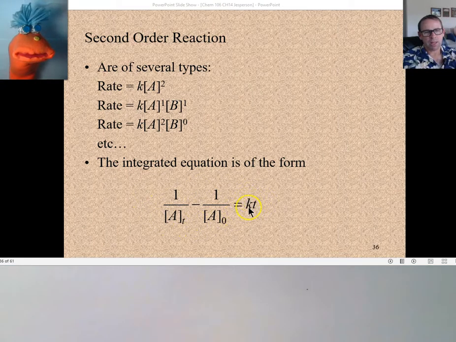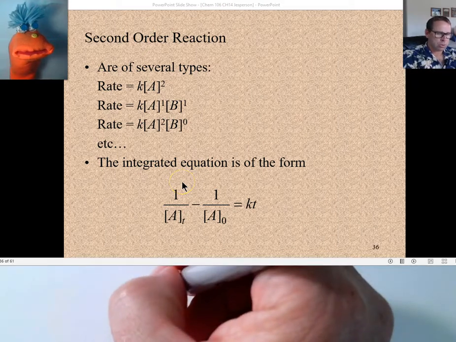We have our slope times our time, m x, y equals mx plus b if we move this over. So this 1 over A naught is our y-intercept, and this 1 over A t, the concentration of A at any given time point, is our y-axis.